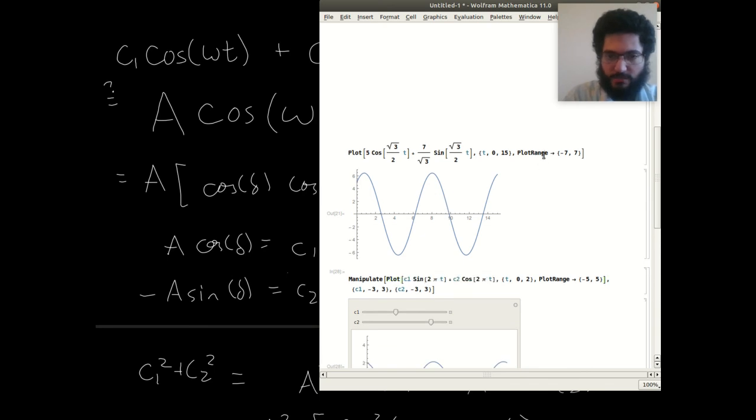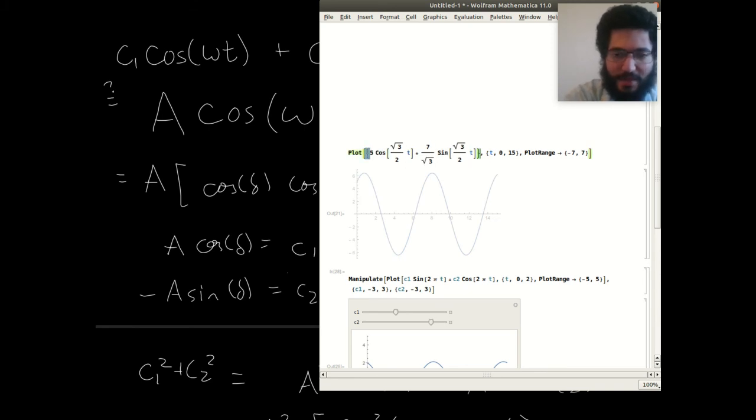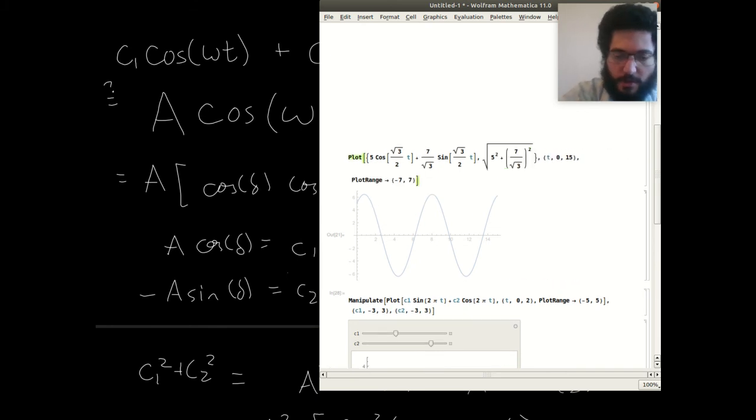And for example, this one, the amplitude should be the square root of 5 squared plus 7 over root 3 squared. So let's see if that's correct. Let me plot a flat line at that value, and let's see if that flat line really rides the top of the waves. So I'll plot a constant function, square root 5 squared plus this thing squared.